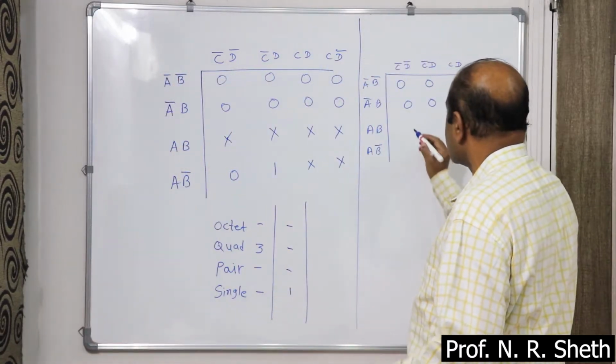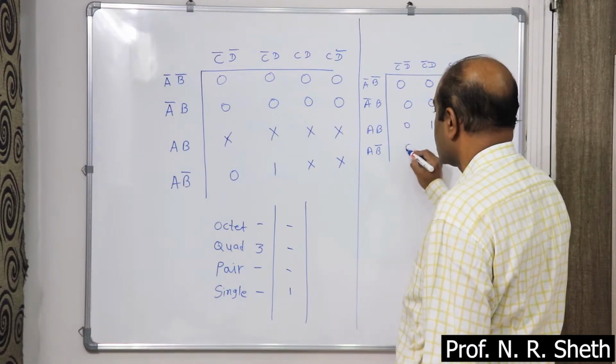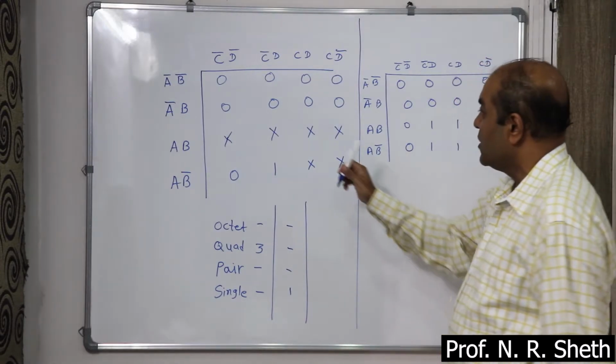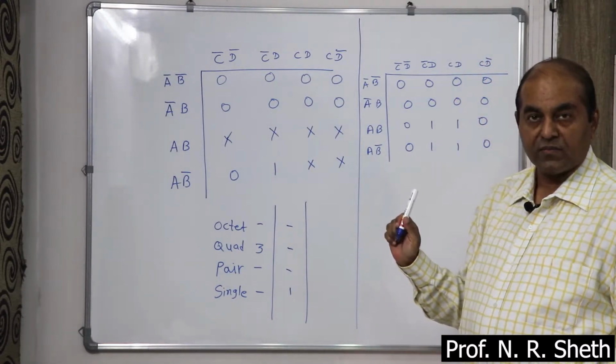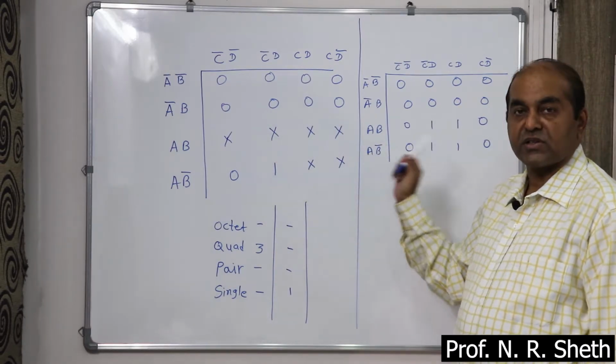Suppose one student say, sir, this is the best example. 1, 2, and 3. These 3 X are high and the rest one is 0.